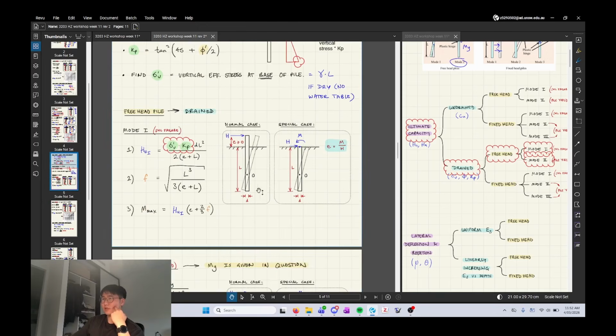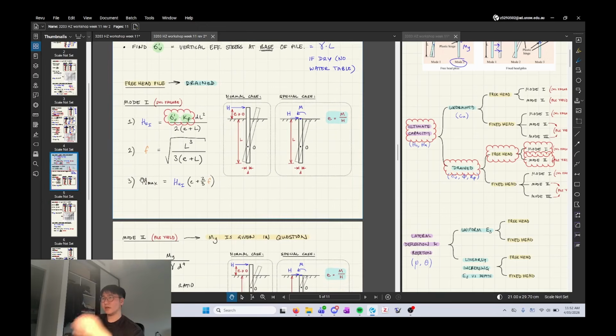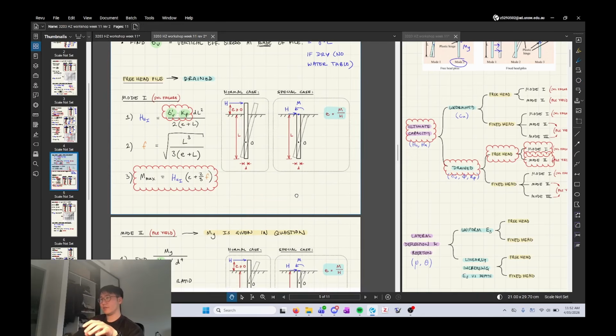But I didn't draw it on the side here. Okay, and then you can find the max moment, because, anyway, just use this formula basically. The stress distribution would look something like this, right? So it comes from 2/3 of this big triangle, where that triangle's length.